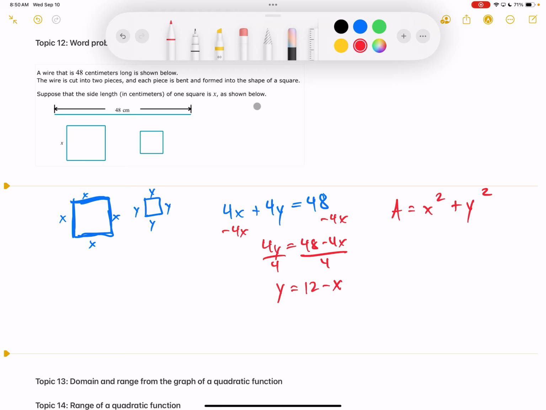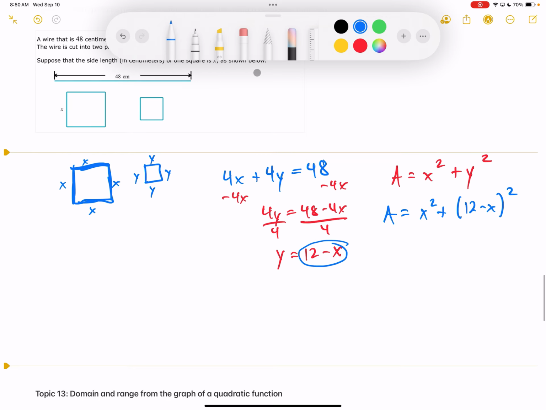Well, we know y equals this. So couldn't we rewrite this as x squared plus (12 minus x) squared? Instead of writing y, we write 12 minus x. Now we have an equation with just x's in it.